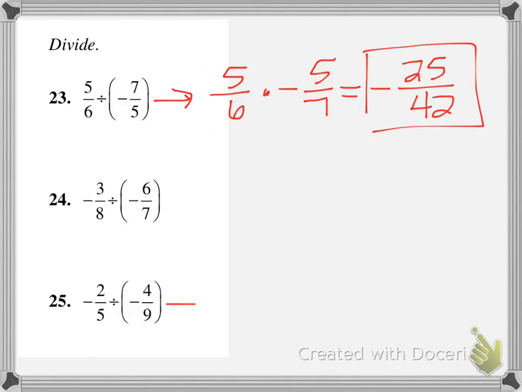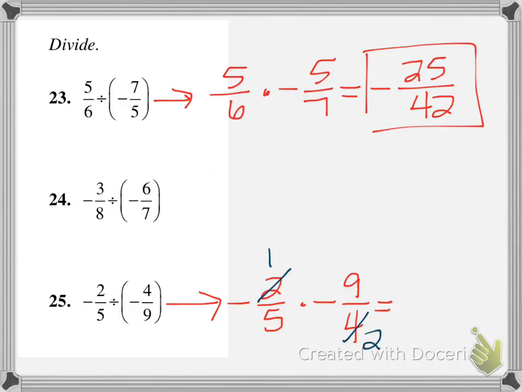Let's do this one at the bottom. Negative 2/5 times the reciprocal of negative 4/9 would be negative 9/4, which I do see that I could do some cross canceling here. 2 goes into 2 once, and 2 goes into 4 twice.